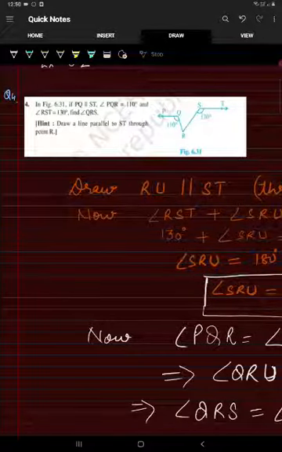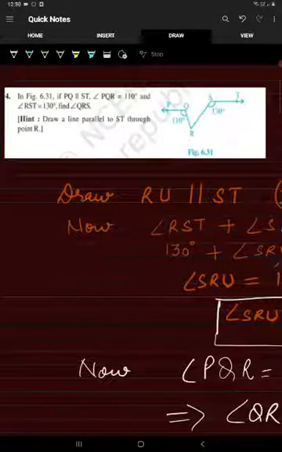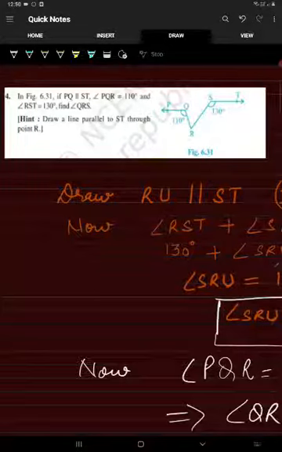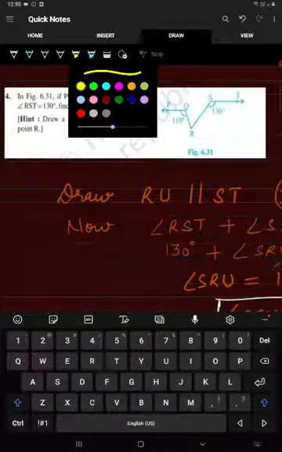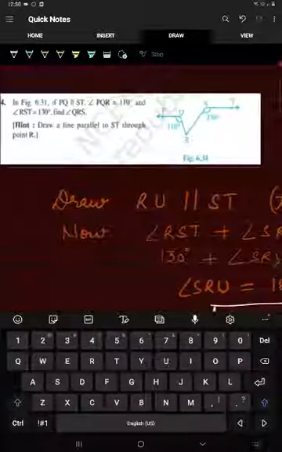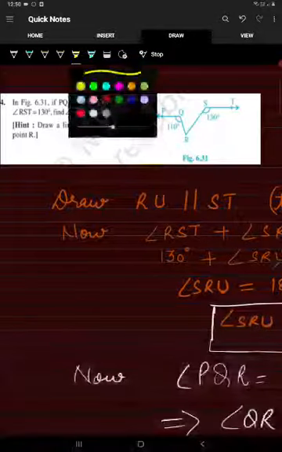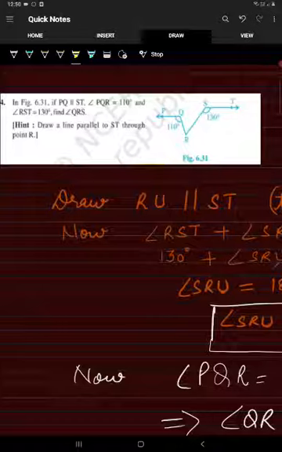In figure 6.31, this PQ line is parallel to ST and this angle PQR is given to be 110 degrees and angle RST is given to be 130 degrees, and we need to find angle QRS.